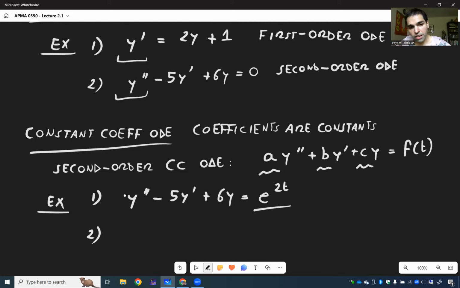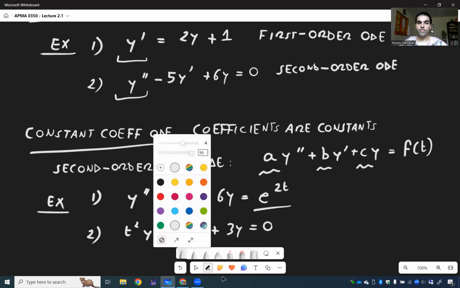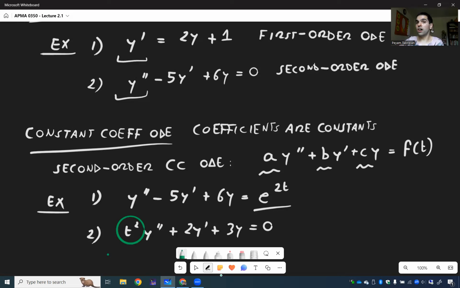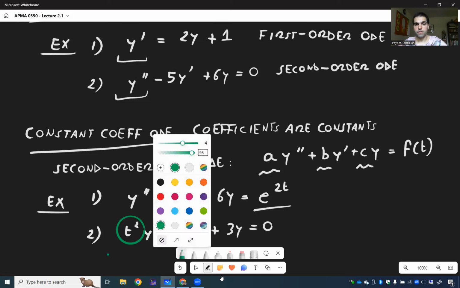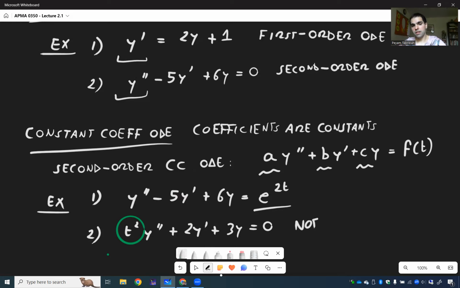But on the other hand, if you take t squared y double prime plus 2y prime plus 3y equals 0, because the coefficient in front of y double prime depends on t, this is not constant coefficient.